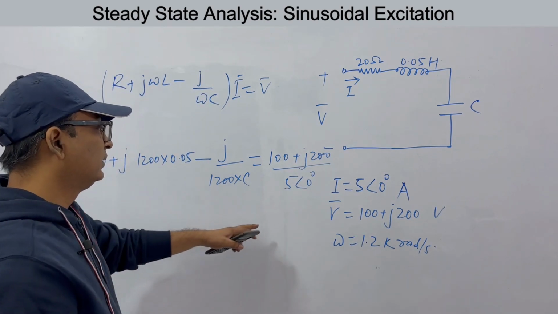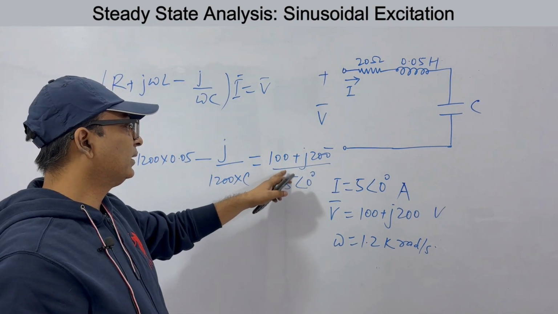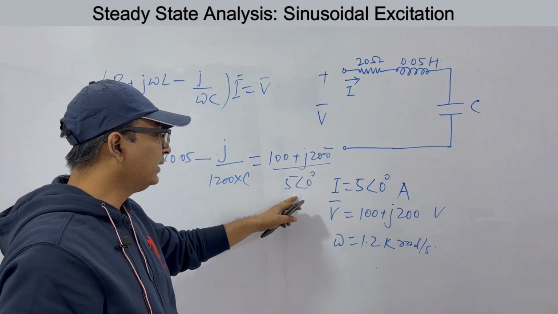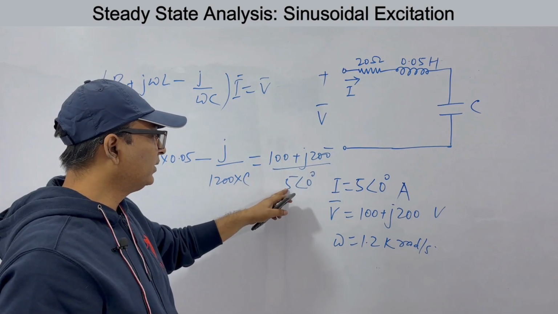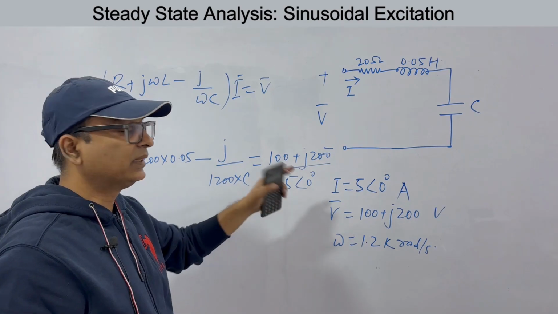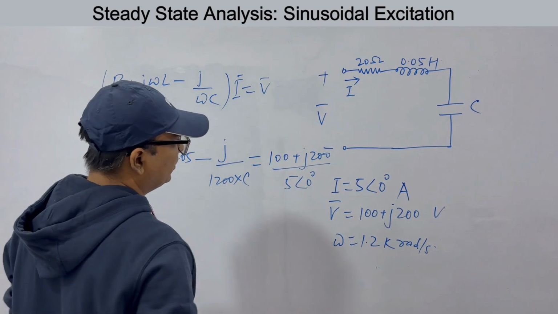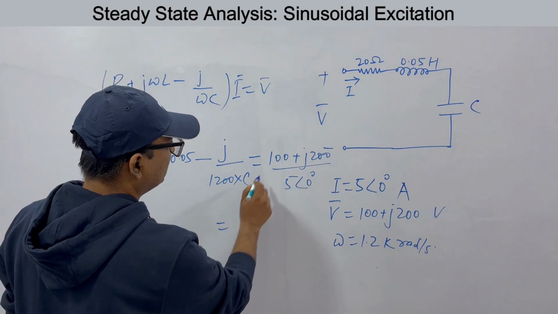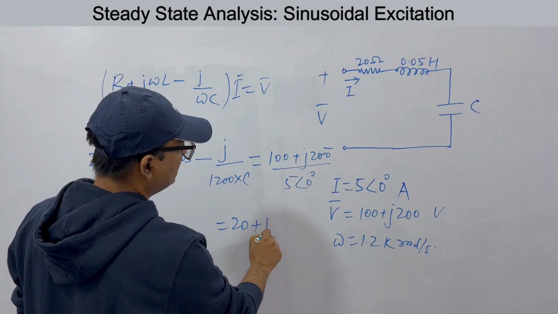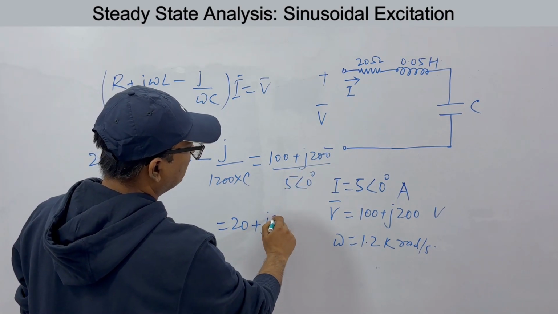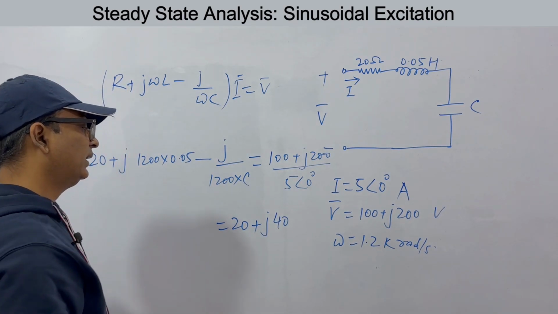See, this is angle 0 degrees. You can either convert it and then divide, or individually, since this is algebra, this will be 100 by 5 angle 0 degrees, and then this by this. Because this is 0, it won't affect, so this will be 20 plus j, 200 by 5 is 40. So this side we have this value.